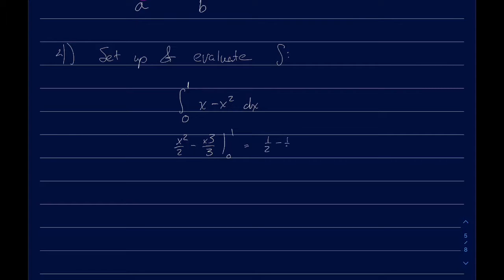And so that's 1/2 minus 1/3 minus the quantity of 0 halves minus 0 thirds. This thing can go away to 0. And we have 1/2 minus 1/3, or 3/6 minus 2/6, or 1/6 as the area of our region.